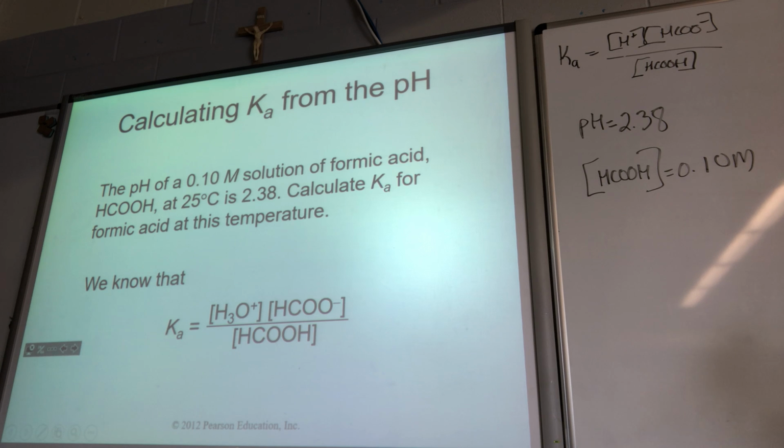Could we write a balanced equation? Yeah. We know that this is going to be our reactant. We know our two products.